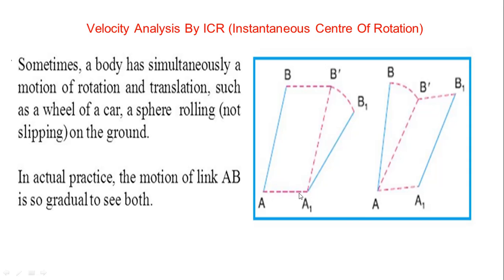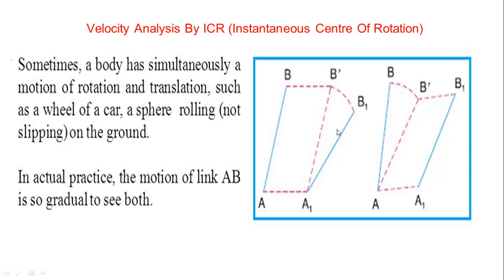First, from AB to A1 B dash, it is a translation motion, and then from A1 B dash to A1 B1 it is a rotational motion.